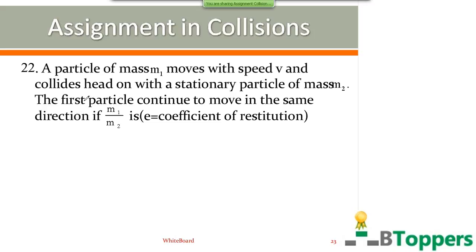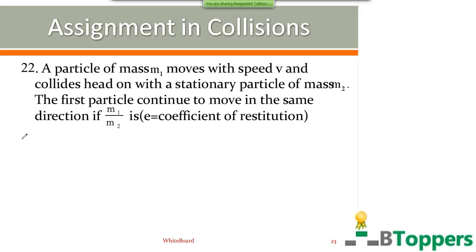That means if u1, the initial velocity of m1 before collision, is given a positive sign, and v1 also comes out positive, then after collision the first particle continues to move in the same direction.